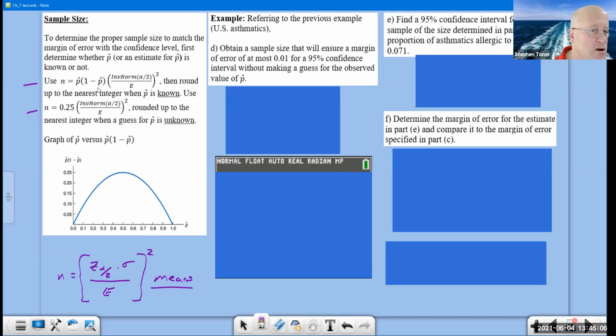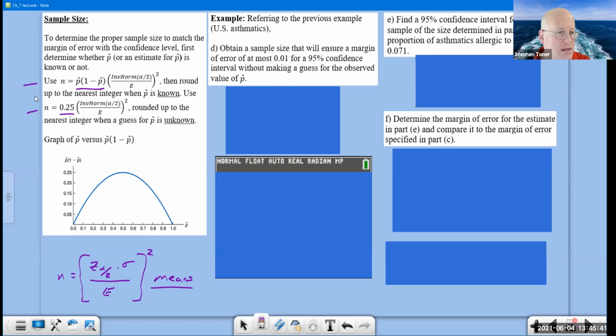One, the first one, there's that P hat times 1 minus P hat I was talking about, which we use when an estimate for P hat is known, when we have a guess as to what the proportion is. And then we use the second one that instead of the P hat times 1 minus P hat, we replace it with 0.25 out in front, rounded up to the next integer, when the estimate for P hat is unknown. So we basically, instead of having one formula like we had for the means, we've got 2 potential formulas here.